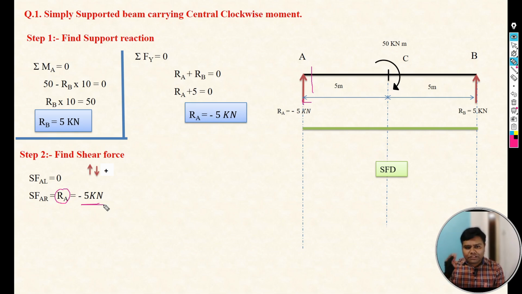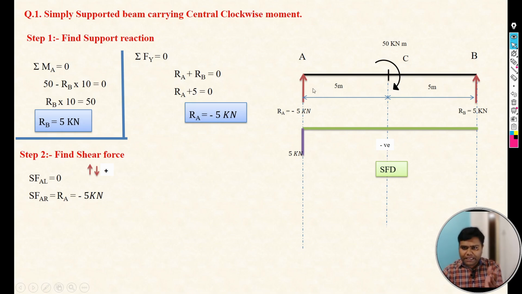It means the shear force at A right is minus 5 kilonewton. So now it is negative. In the shear force diagram, if you consider this as the baseline, our shear force diagram will go down, and it is a negative shear force diagram.